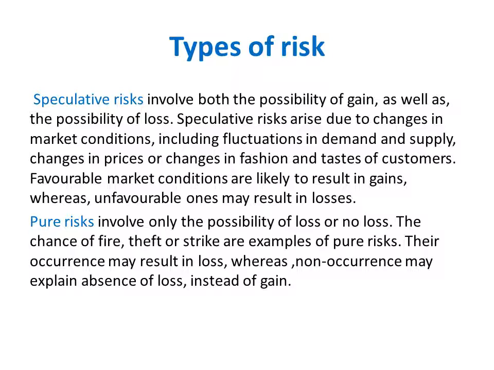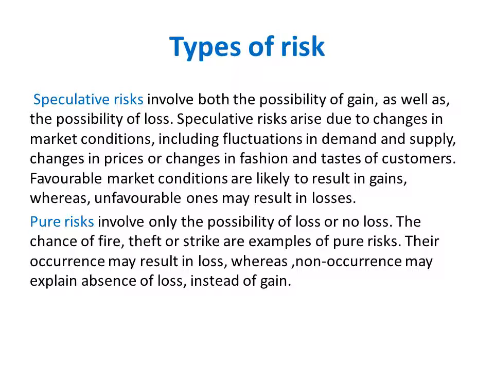Types of business risk. Business risk may be of two types. First one is speculative risk and the other one is pure risk. Speculative risk says that there is a possibility of profit as well as a possibility of loss. If the market conditions change, there may be profit or there may be loss.